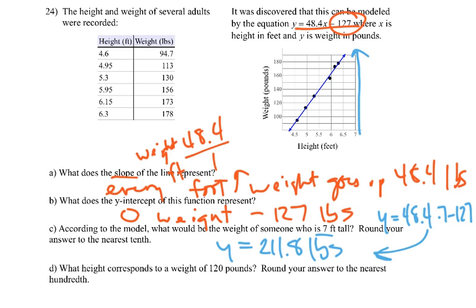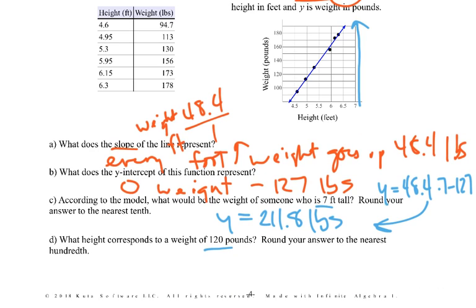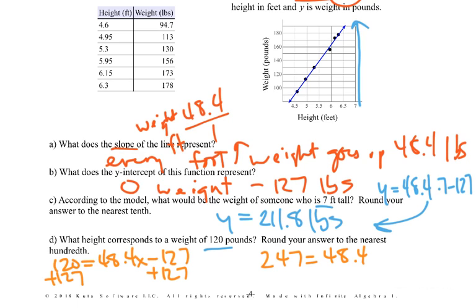Okay? What about someone who's 120 pounds? How much would they weigh? Well, now we work backwards, right? So I go 120 equals 48.4x minus 127. So we add 127 to both sides, giving us 247 equals 48.4x.